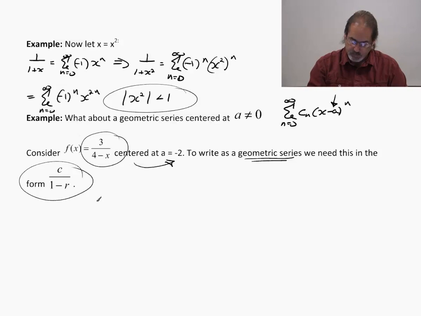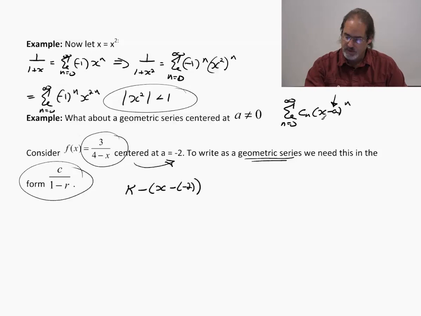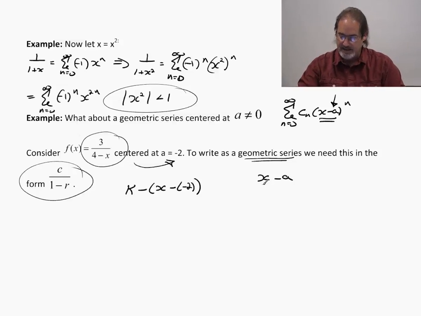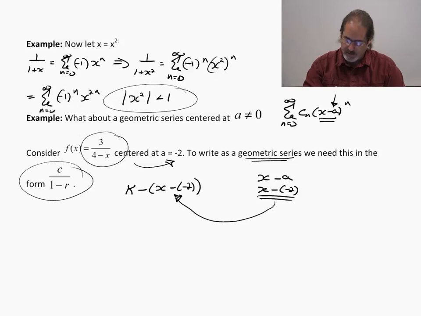So what I really need is the form on the denominator of some constant k minus x minus a, with a equals negative 2. Now, why? Well, remember we said I want it centered at a equals negative 2. And I need x minus a. That's how I'm going to center it at a. But a is negative 2, so this is really x minus a negative 2. So that's what I need right there.